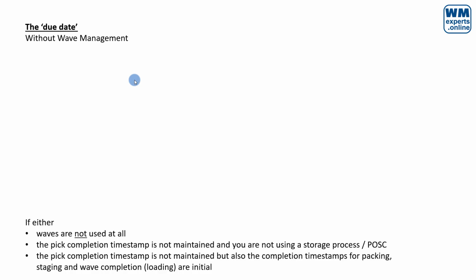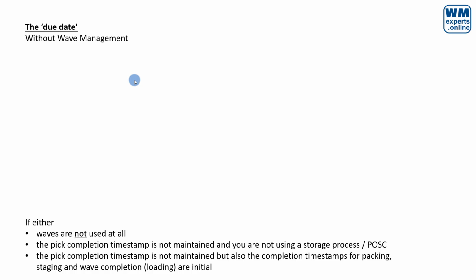And if there is no storage process at all, then EWM will exit this way of duration calculation, and get back to the approach that is also used in case you are not using any waves at all.